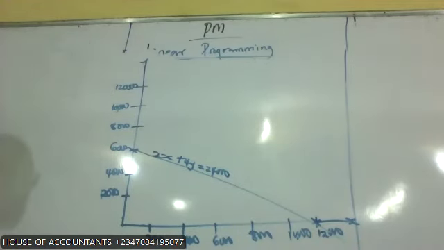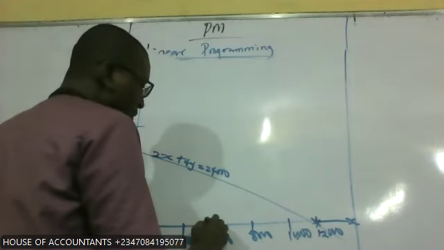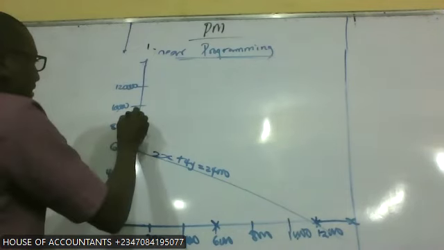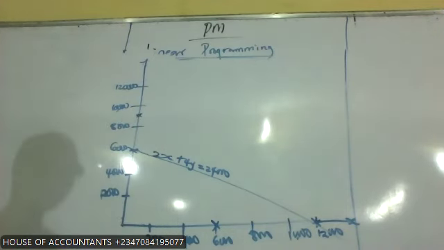Question 2: when X is 6,000, Y is 9,000.